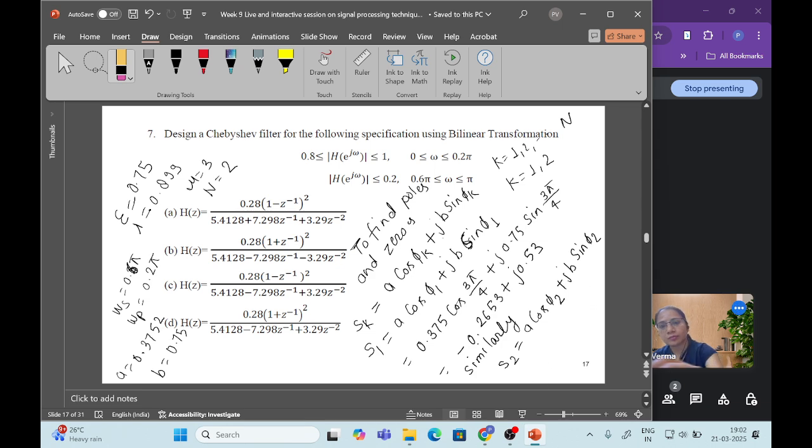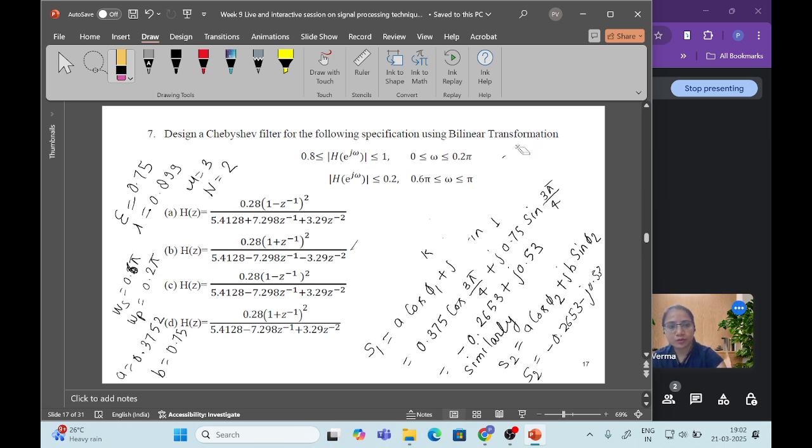Okay, so if you just put and multiply and divide it, you will get minus 0.2653 minus j 0.53. Okay, so these are the poles. So poles we have defined and we have got. So I am removing it.